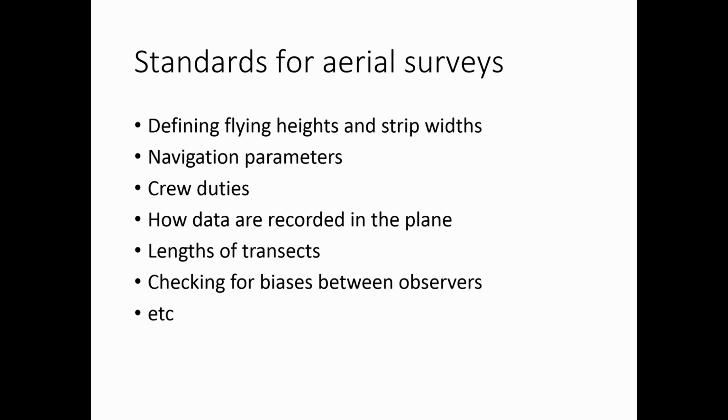Are they just observing and calling to somebody else to record, or are they both observing and recording and taking photographs of big herds? How the data are recorded in the plane, the lengths of the transects, and checking for biases between observers. There's a range of statistical tools for that.